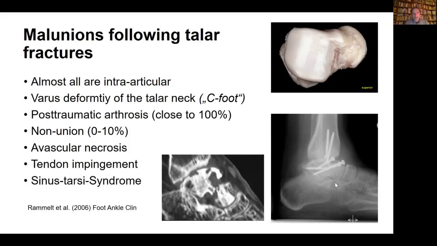If you watch talus fractures long enough, no matter if they are treated well or not, the post-traumatic arthrosis rates will go at some point, maybe at 10 years, maybe at 20 years, to 100%.